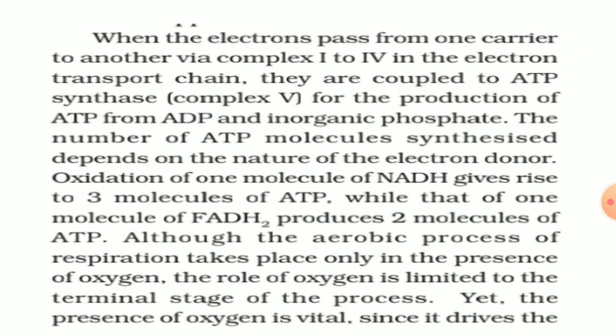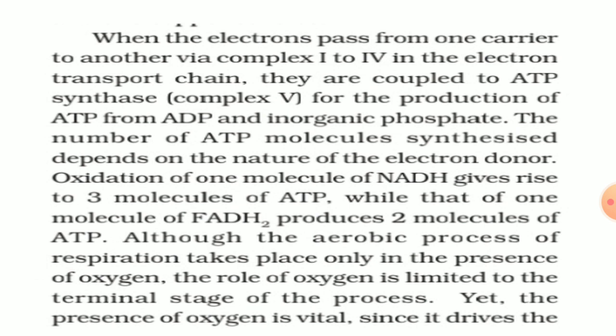So complex 3 and 4 are connected by what? By the mobile, small protein molecule, that is cytochrome C. Then complex 4 is the cytochrome oxidase complex. What does it contain? It contains cytochrome A and A3 and 2 copper centers.